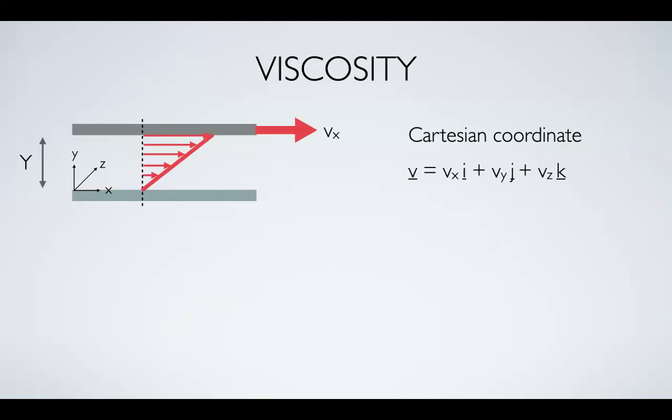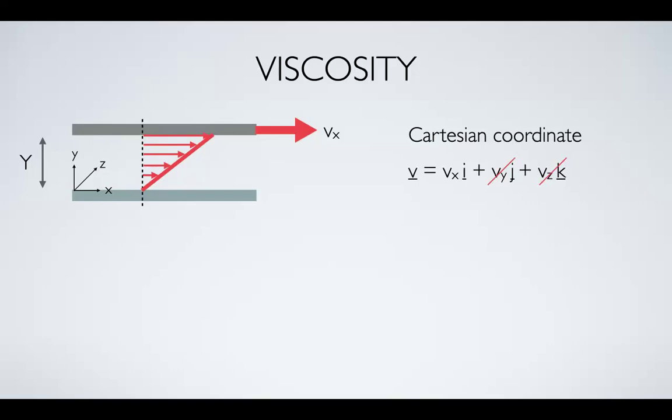Previously, I mentioned that I used this system as Cartesian coordinates, right, to represent the x, y, and z directions that's shown in the picture. Okay, so when you pull the top plate, the velocity of the liquid is going to move along with the top plate, which is in x direction.